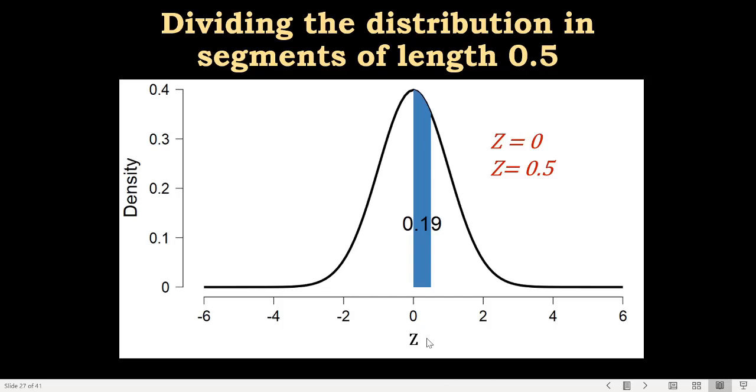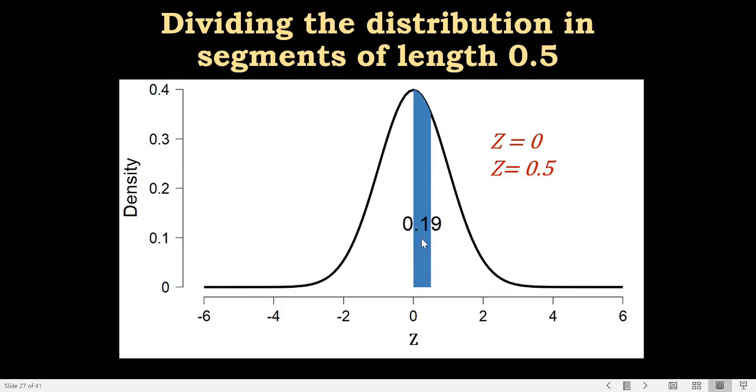Here we consider the interval that goes from z0 to z0.5. And the probability of observing a score in this interval, or using the drone metaphor, the probability that the drone will land in this area between kilometer 0 and kilometer 0.5 is 0.19.